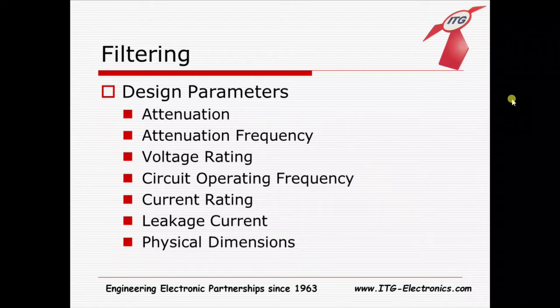The next parameter is going to be the current rating, similar to the voltage rating. You just want to make sure all the components within your filter are able to withstand and operate normally within the current specifications of the circuit. Leakage current is basically current that goes through your filter and then travels through any of the components connected to ground.